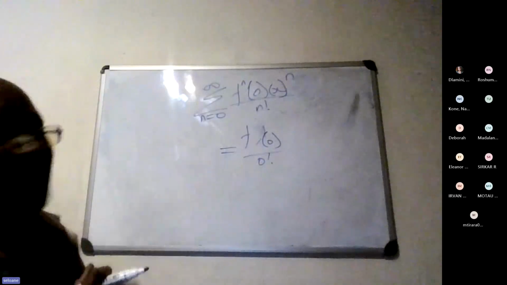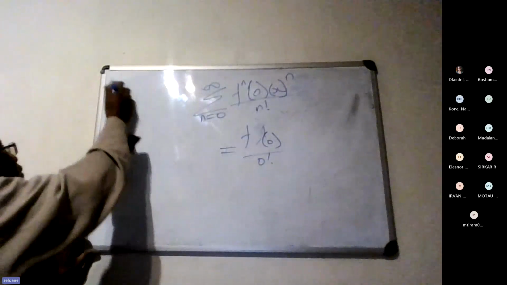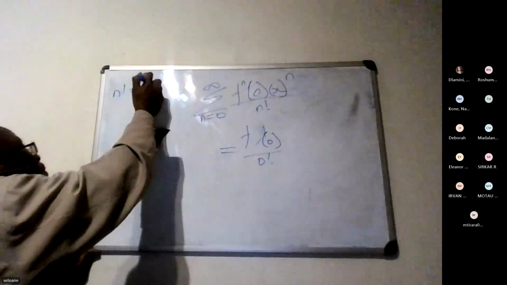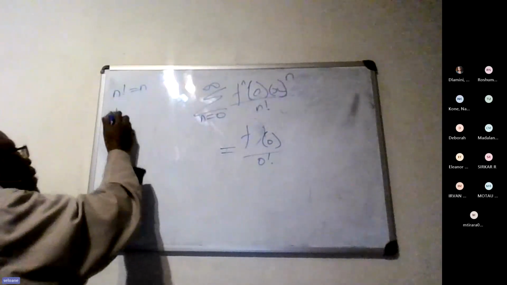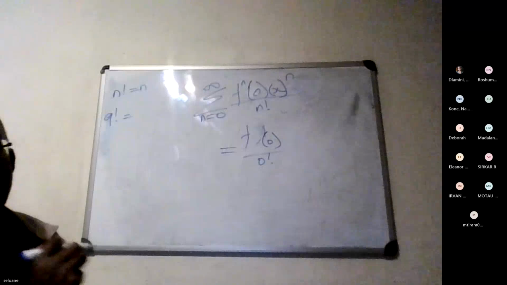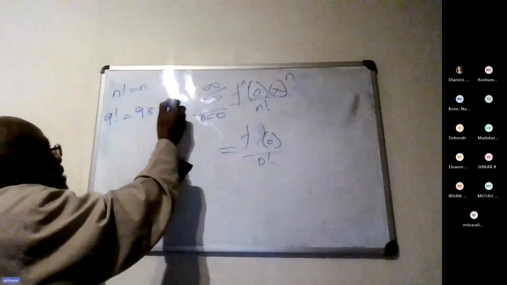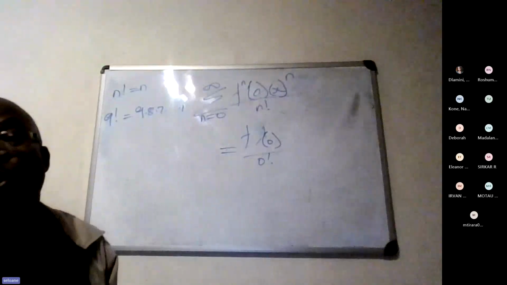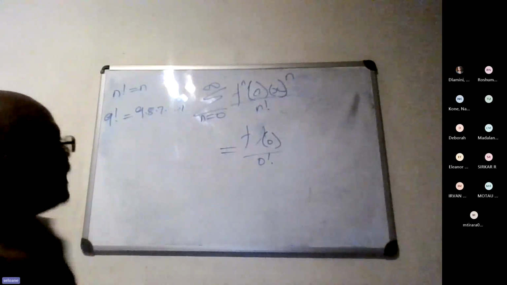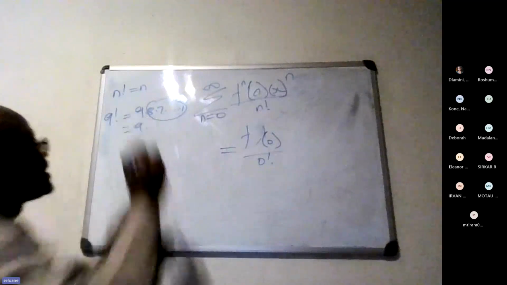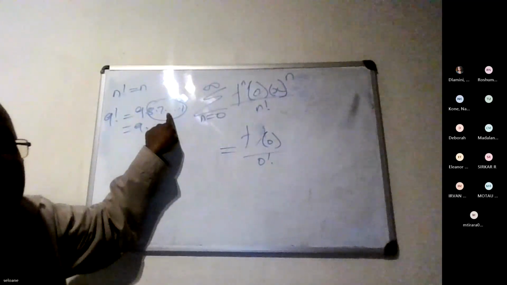Okay, we can look at this. Remember, by n factorial we mean this product. Let me just use numbers. What is 9 factorial? We know it's 9 multiplied by 8 multiplied by 7, until the last factor is 1. If you look at this product, the rest is 8 factorial.